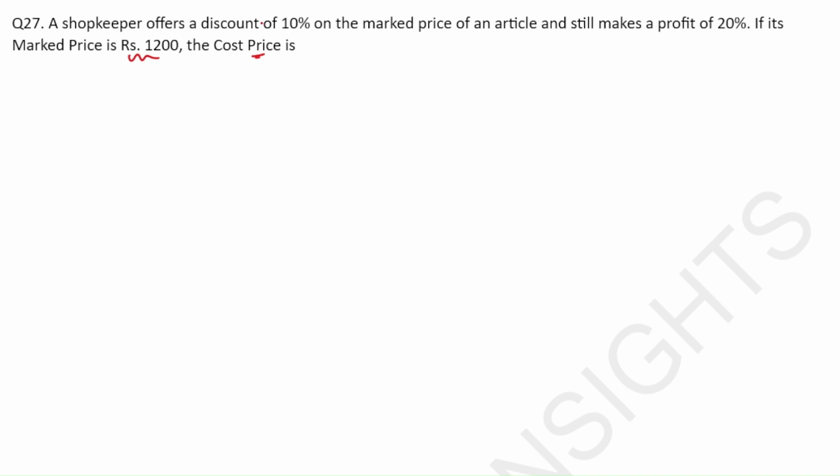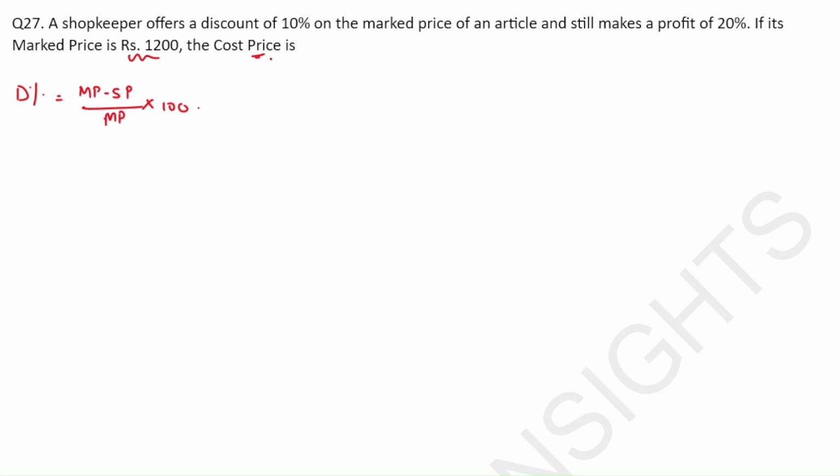So just now in the previous question, we have already learned the formula, that is discount percent equal to mark price minus SP divided by MP into 100. Discount percentage is given, mark price is given, so we can find out the selling price, right?